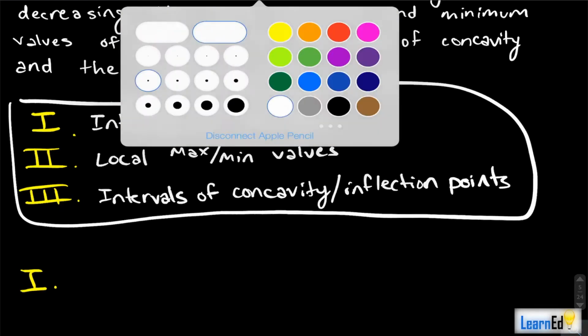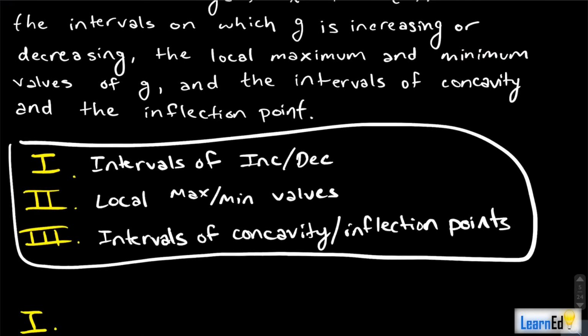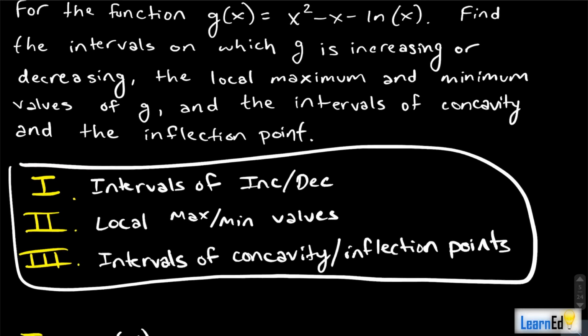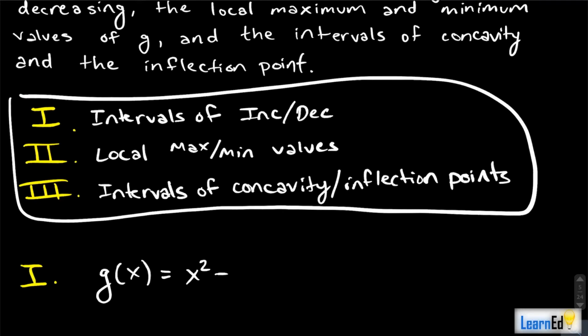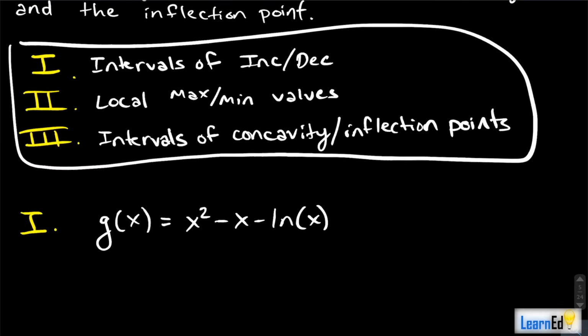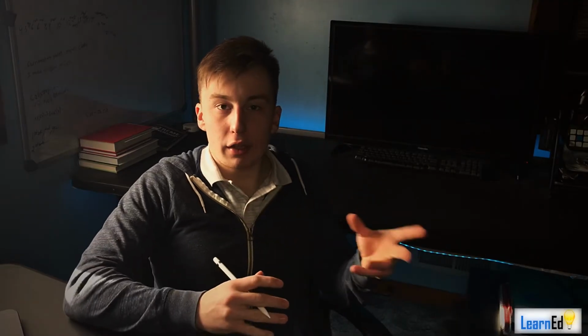We want to find the intervals of increasing and decreasing of this function. So we'll start off with g of x equals x squared minus x minus the natural log of x. What we're going to do is take a derivative, because we have to find out where this thing is increasing or decreasing. So it's just like our first problem.